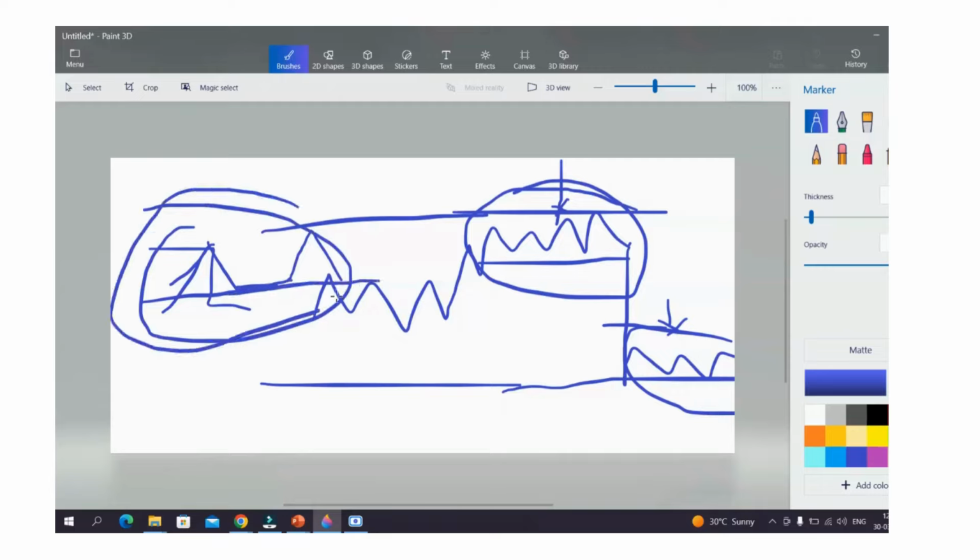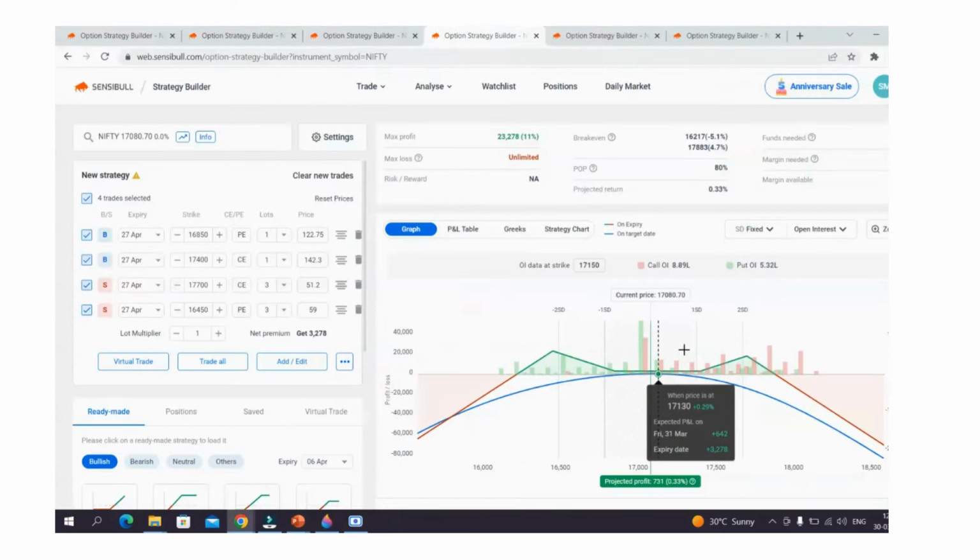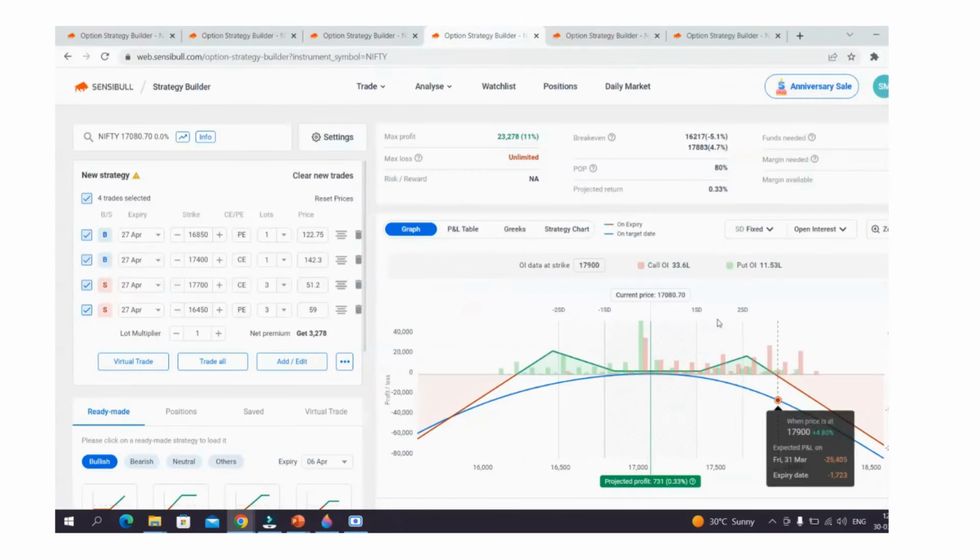So your view continuously keeps on changing. Your starting point is debit spread, you converted to ratio spread, then to double ratio spread. That's another view. Or initial view, you have a certain range and then it can expire at certain boundaries of this range. In those cases, you can go for the double ratio spread.